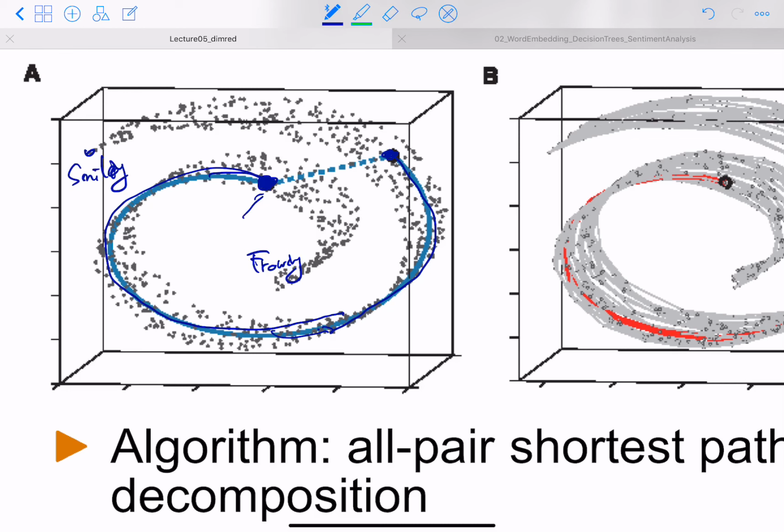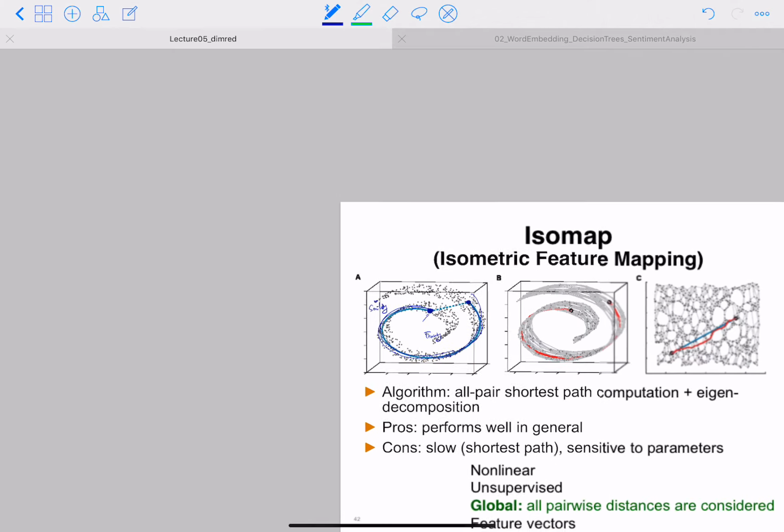In that case it may make sense to compute the distance between these two following our manifold structure, or following the route where some non-trivial amount of data exists. So between these two points, we want to compute the distance following our manifold structure.